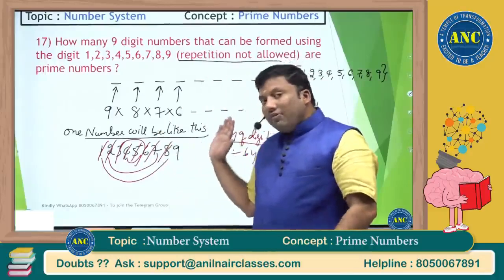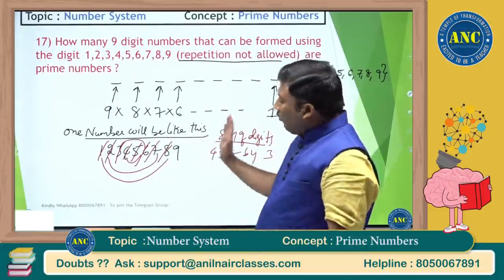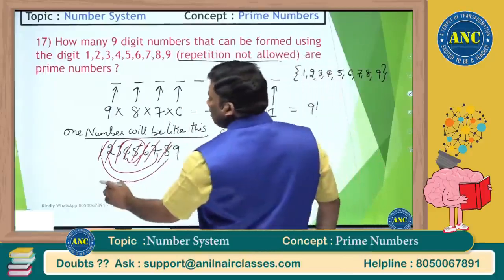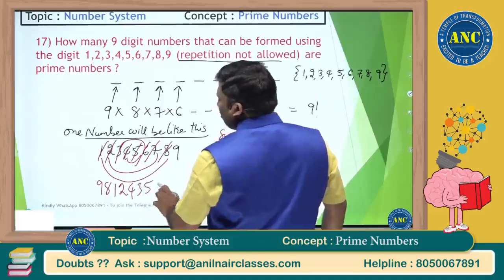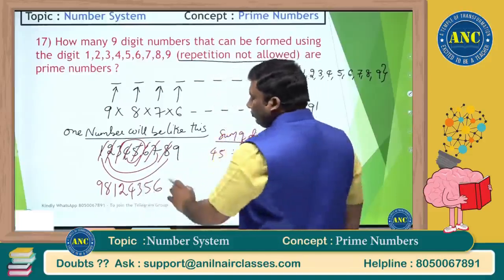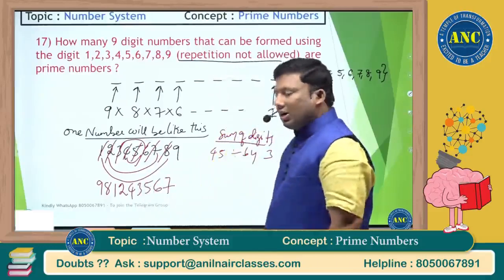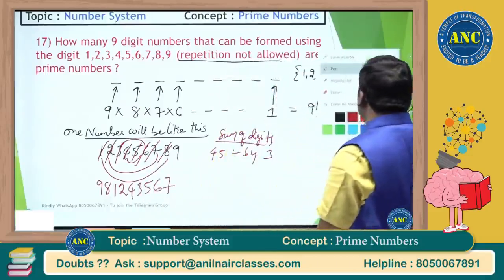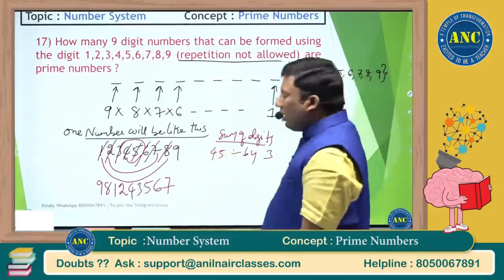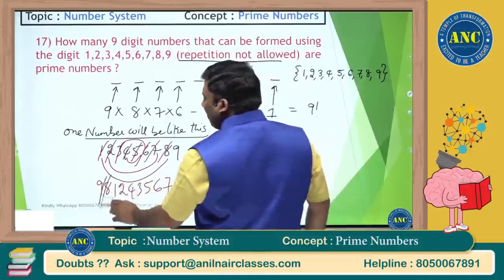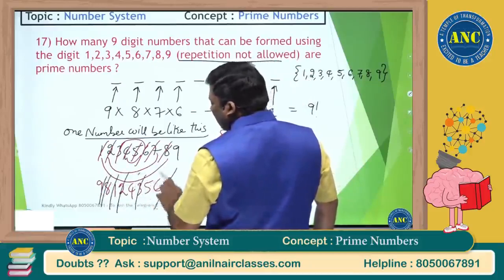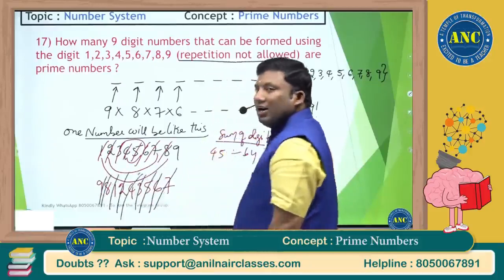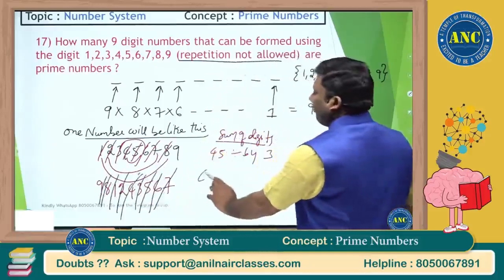So, out of 9 factorial numbers, one number will be of this form. Suppose I change the order, are the sum of the digits changing? Even if I change the order of the digits, 9, 8 plus 1 is 9, 2 plus 7 is 9, 4 plus 3 plus 6 is 9, 4 plus 5 is 9, still the sum of the digits is 45.